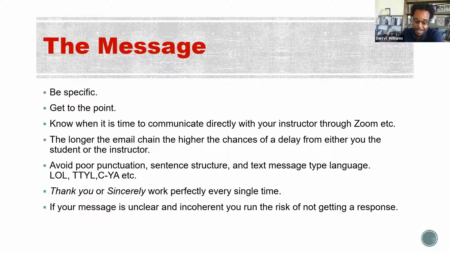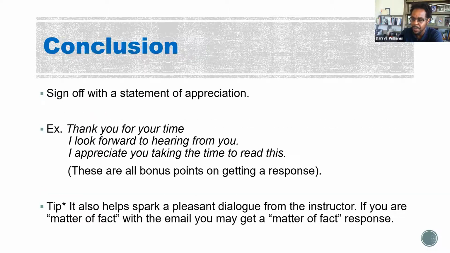Sometimes it just gets put on the shelf. You don't really have time to decipher that. And that's what I mean by that email chain. So you want to be clear and to the point. You don't want to run that risk. I don't want to make it sound like your email is disregarded, but if it's unclear, there's a good chance that it's going to be delayed in your response.